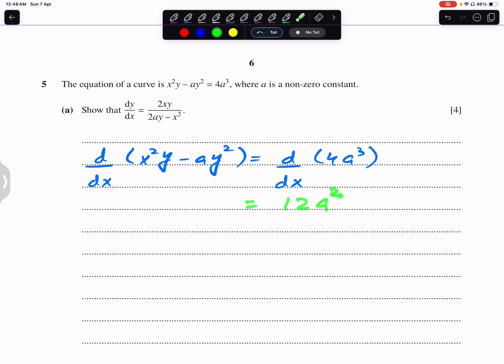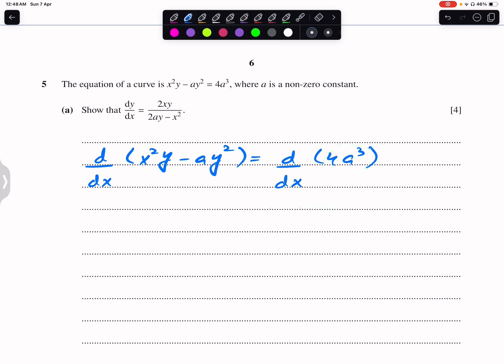So they might write 12a square because they know that the derivative of, like, x cube is 3x square. So they are treating a cube also like 3a square. But this is not true. 4a cube is a constant, a whole constant. So you will not take its derivative like 12a square. Okay, this is wrong. This is a constant, so its derivative will be 0.